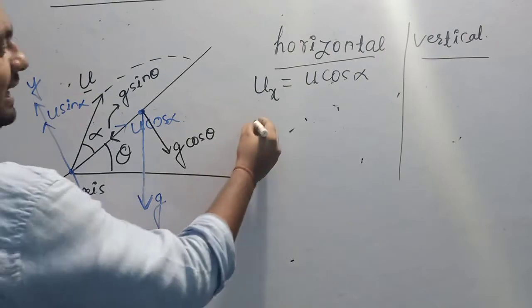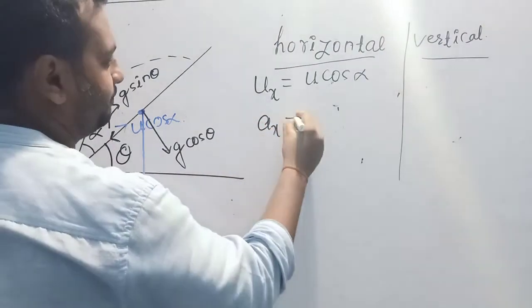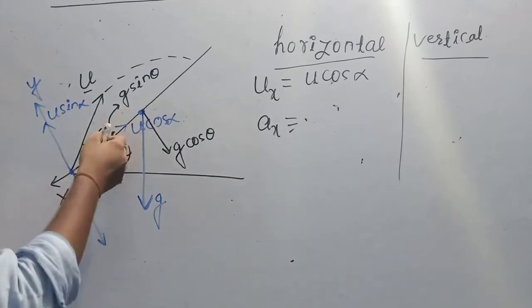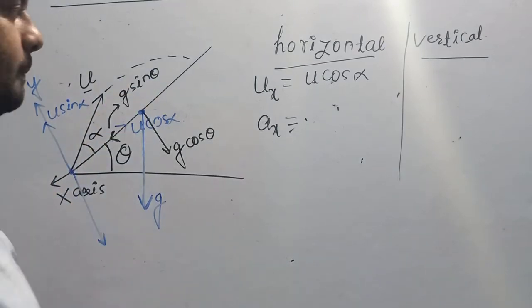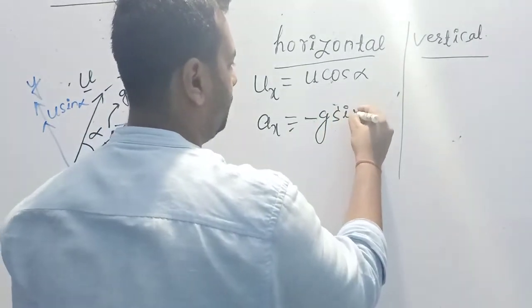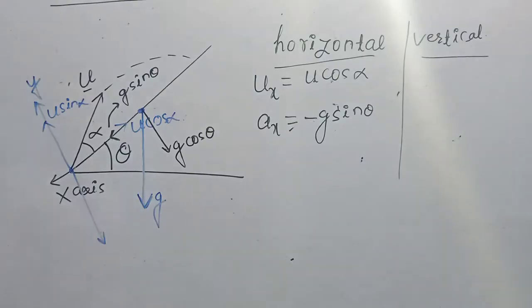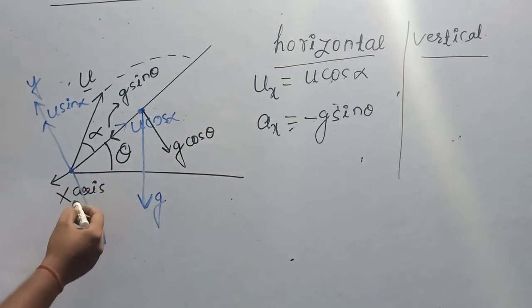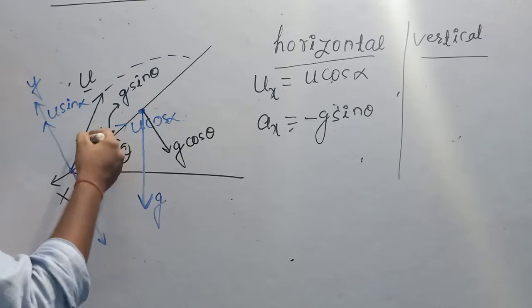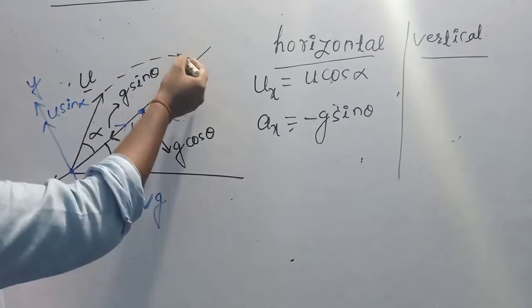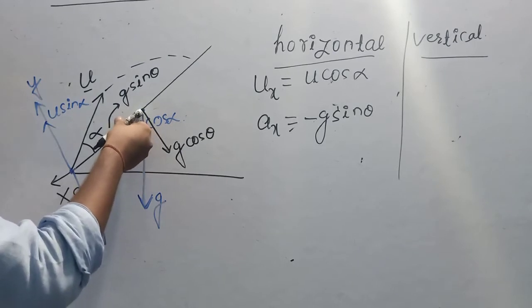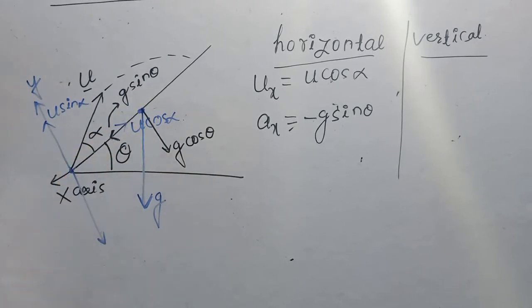Again, the x component of acceleration is in the negative direction, that is g sin theta. So we write minus g sin theta, since the velocity of this projectile is along the positive direction and the acceleration is in the opposite direction.